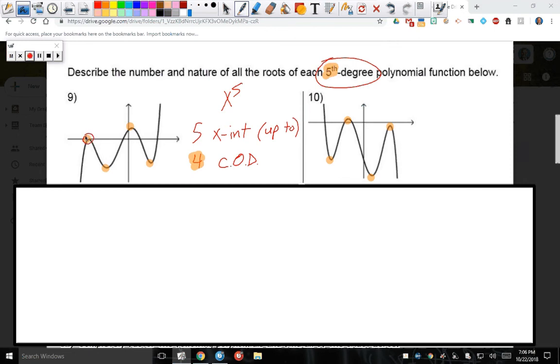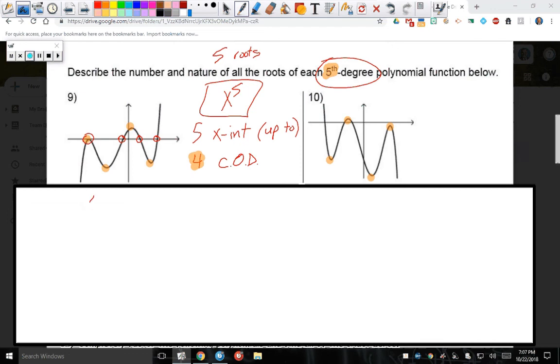So for instance, this one is a root, and these are the roots that also occur. Okay? So because it's x to the fifth, we know that we will have 5 roots, and we're just going to account for all of them, whether they're double roots, distinct roots, or imaginary roots. Okay? So let's look at what we have here.